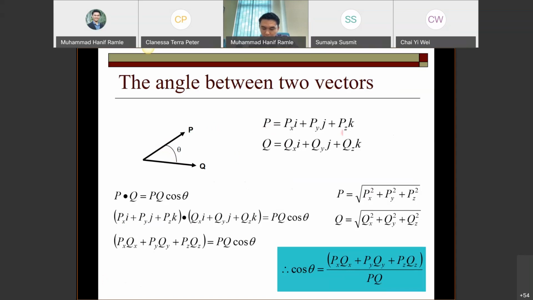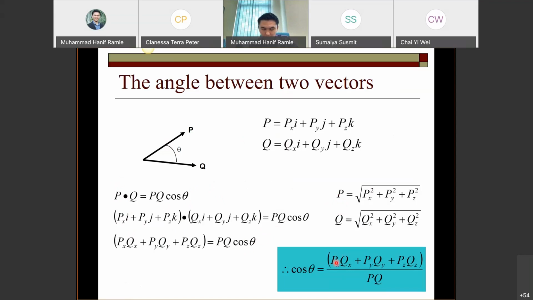So we have this formula as well. Then we use the dot product to determine the theta, where P dot Q equals PQ cos theta. The formula here must be inserted into this dot product formula. Finally, after rearrangement, you can get the theta, where P is the resultant.